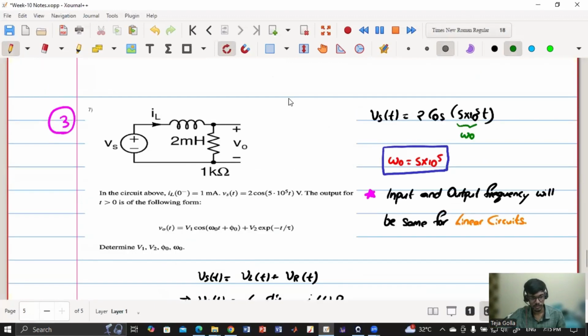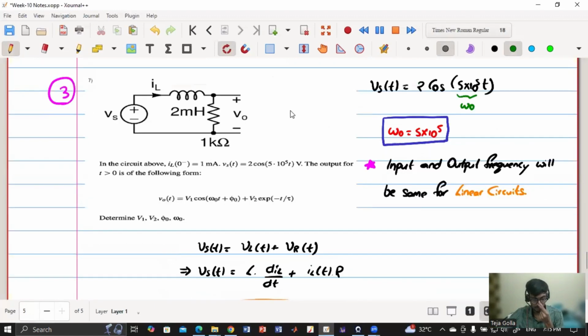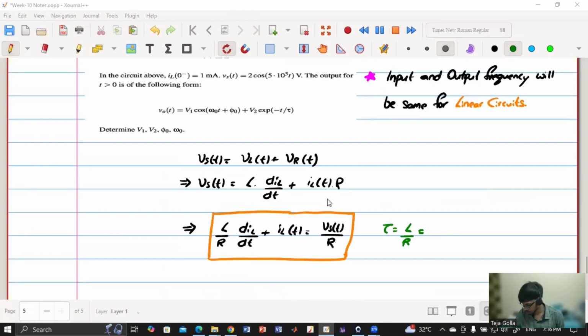Anyone? This is the expression of tau. So for the given question, what will be the value of tau? 2 micro. Yes. L is 2 milli, R is 1 kilo, so it is 2 micro. Okay. So we got the differential equation.